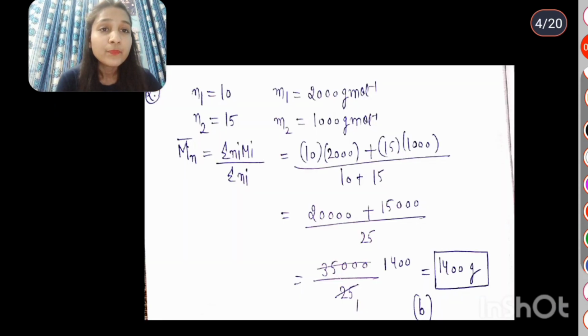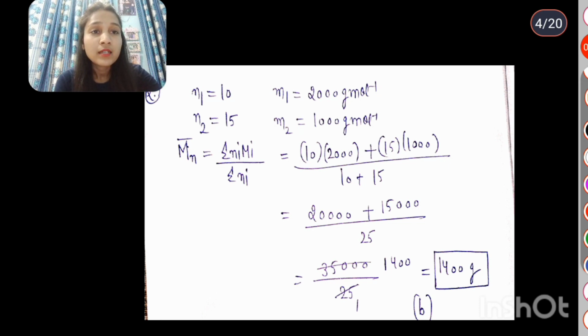Come to the solution. The formula to calculate number average molar mass is sigma NiMi divided by sigma Ni. So here the number of molecules given is 10, whose molar mass is 2000. For 15 molecules, molar mass is 1000. So simply put in the values.